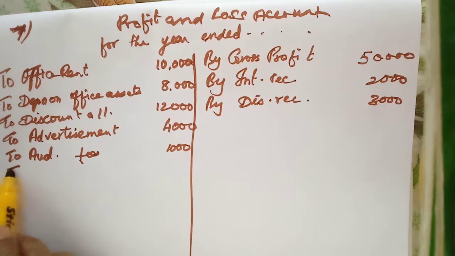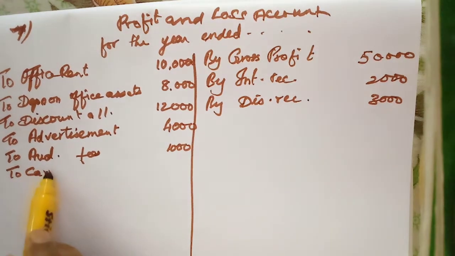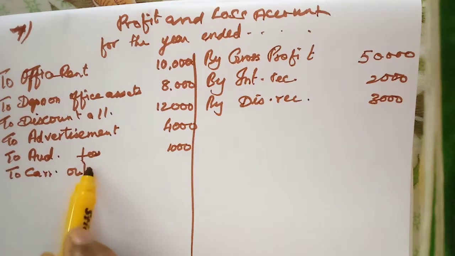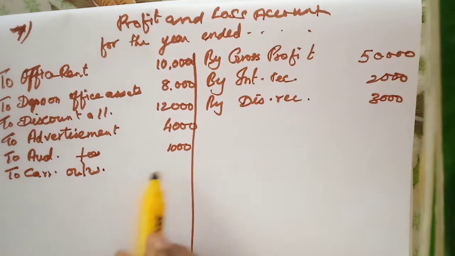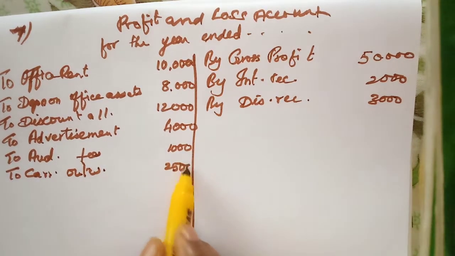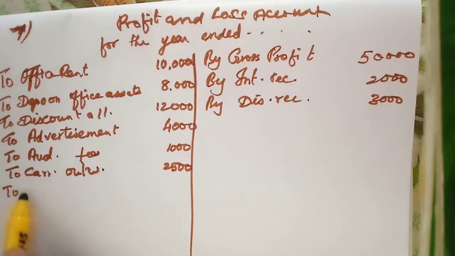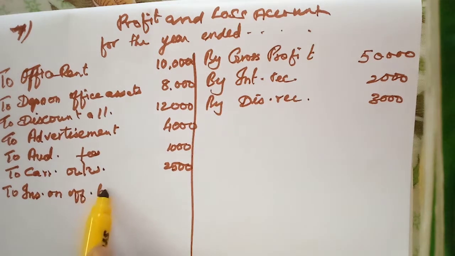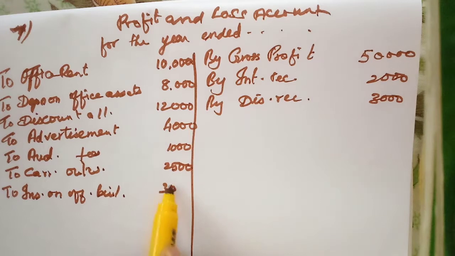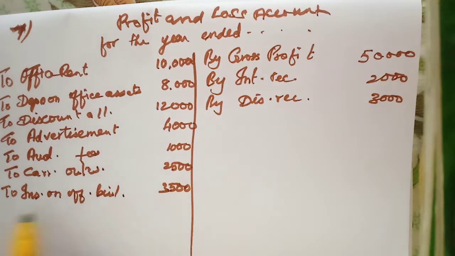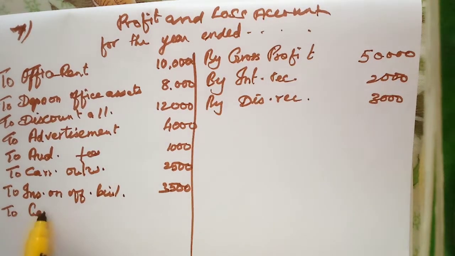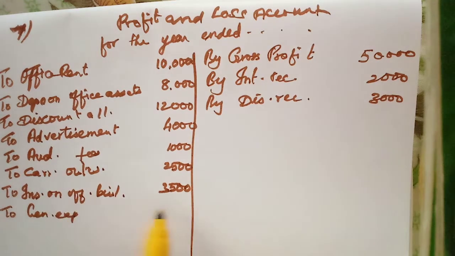Carriage outward, it is an expense, 2,500. Insurance on office building expense, you write the full word, okay. General expense 3,000.